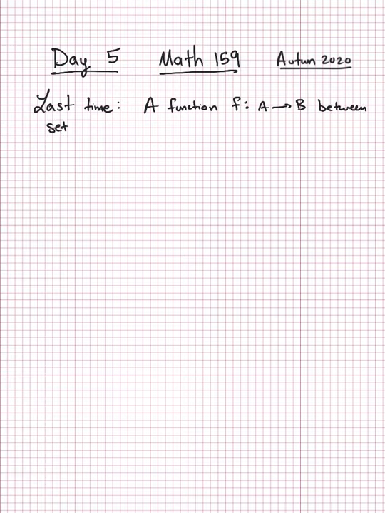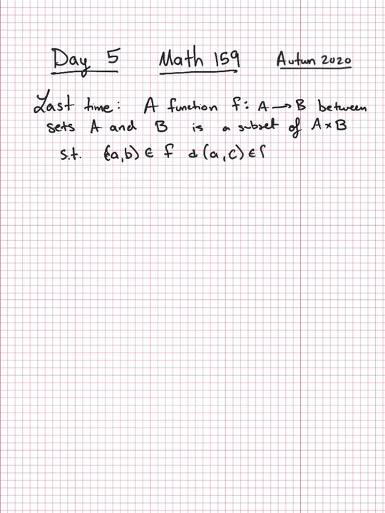So we had a function f from A to B between sets A and B is simply a subset of A cross B, so that if we have (a, b) is in f, and (a, c) is in f, implies that b is equal to c.